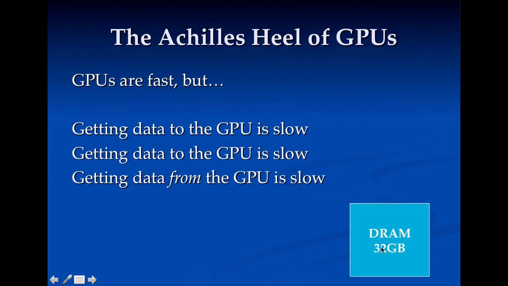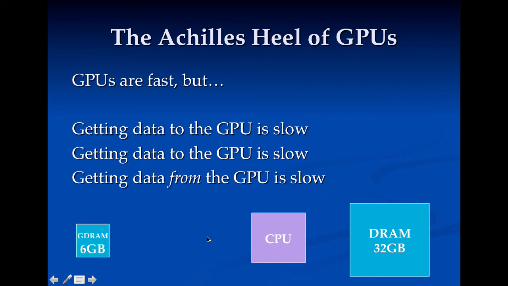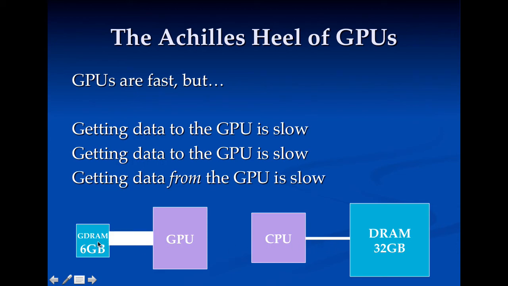So let's take a look at how this is today. In a system today, we may have a whole bunch of DRAM in our system, we've got a processor that's connected to it, and then we've got our GPU, and it has its own dedicated graphics memory over here. Now let's look at the bandwidths between these components. Between the CPU and the DRAM, we have a pretty good amount of bandwidth. Between the GPU and its graphics memory, we have tremendous bandwidth. But then if we look at what it takes between the GPU and the CPU, we have a teeny amount of bandwidth.